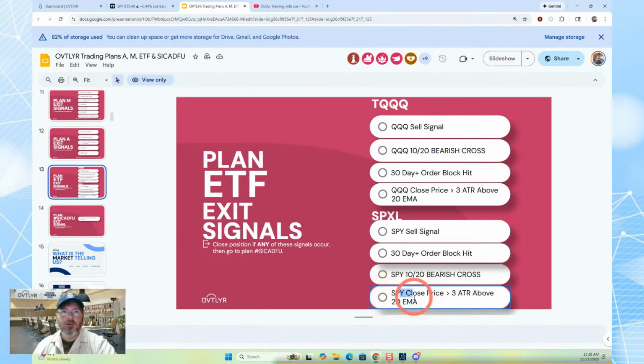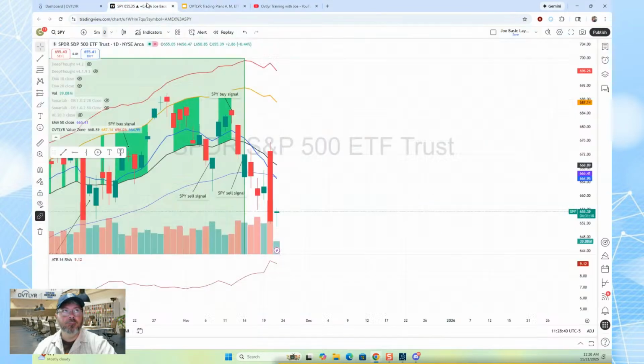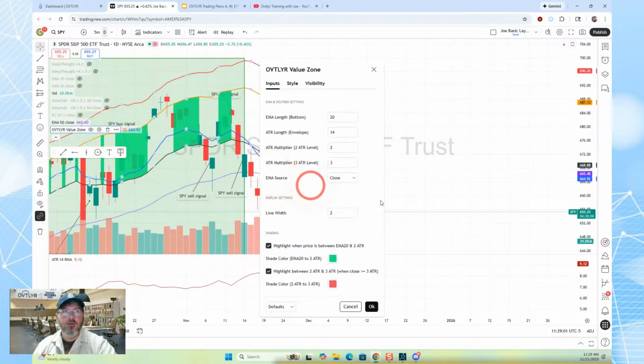The SPY close price is greater than 3 ATR above the 20. Let's have a look at that. Okay. Where's 3 ATR above the 20? Well, it's this red line right here. And how do I get that? I look into TradingView and I add the indicator called Outlier Value Zone.